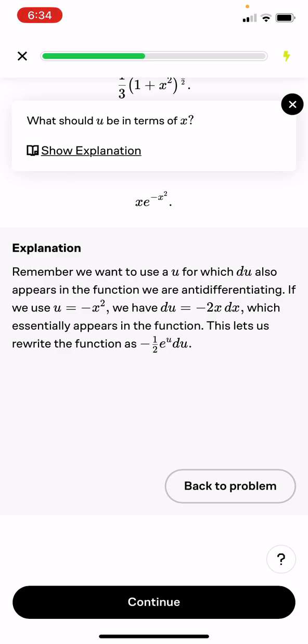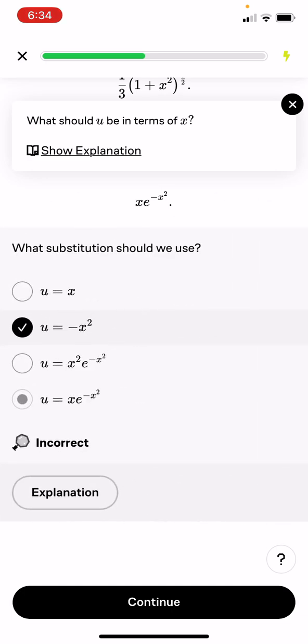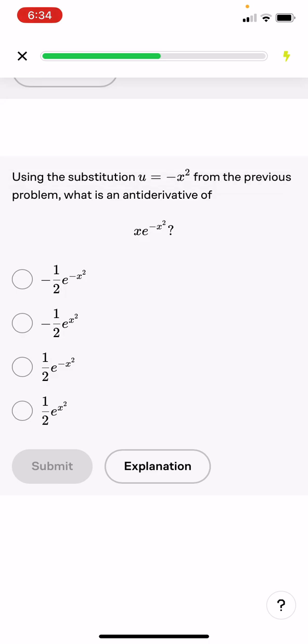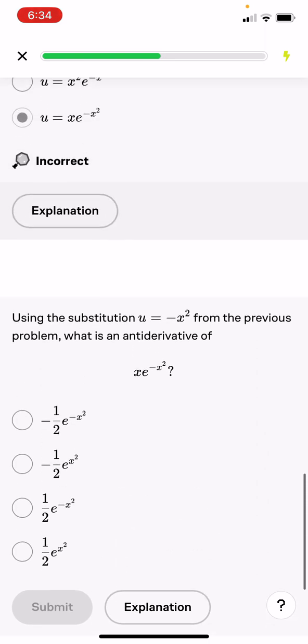So let's rewrite the function: negative 1 over 2 e to the u du. So that makes sense. Using the substitution u equals negative x to the second from the previous problem, the antiderivative of x e to the negative x to the second.